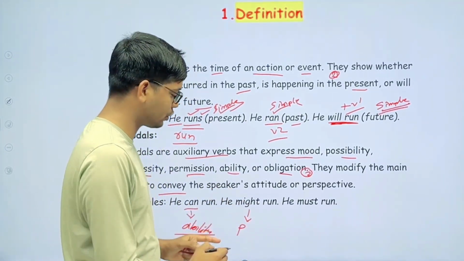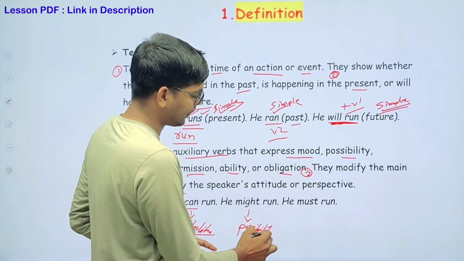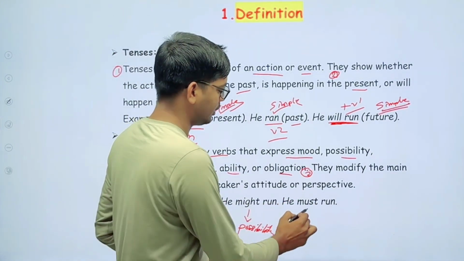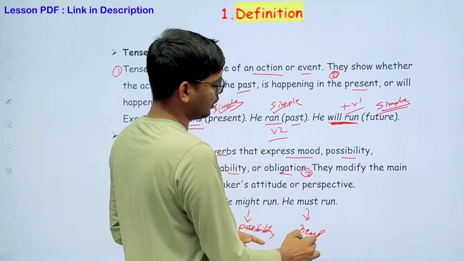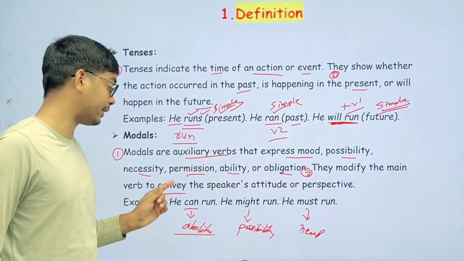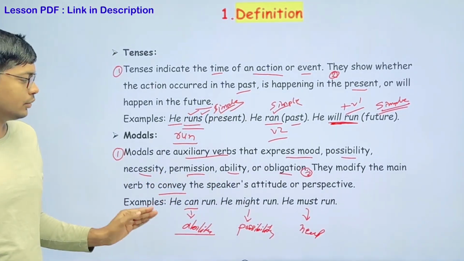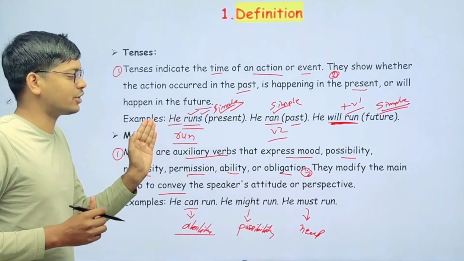Here, might shows possibility. He must run. Here, must shows necessity. So must shows necessity, might shows possibility, and can shows ability. Here you can easily understand tense versus modals.